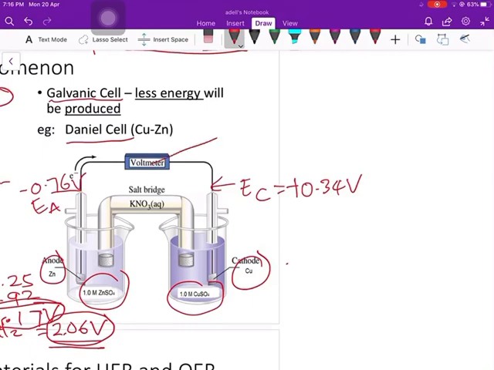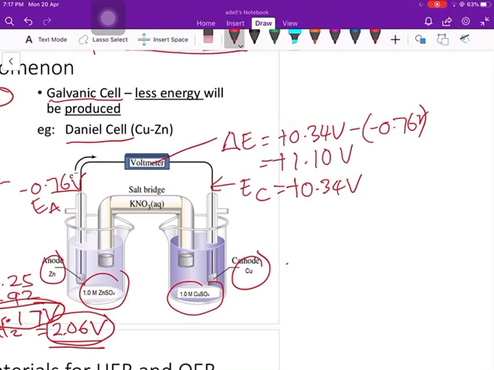So what you should expect for the voltage generated here is delta E, which is E cathode, 0.34 volt, minus negative 0.76 volt. So you should get 1.10 volt for standard condition.